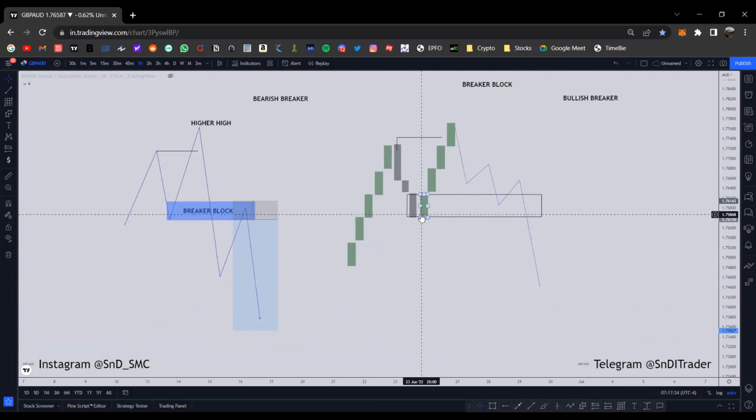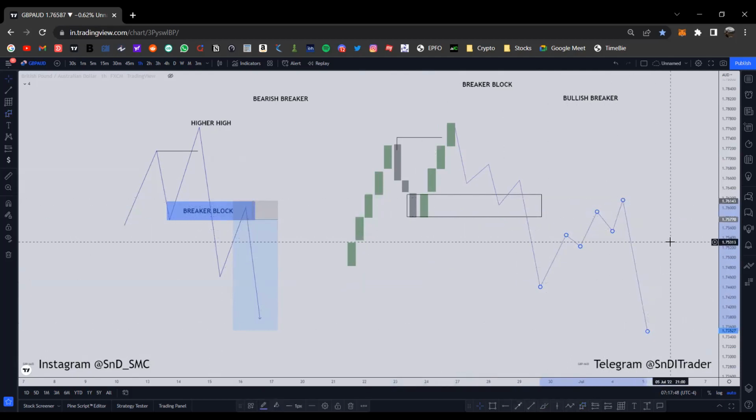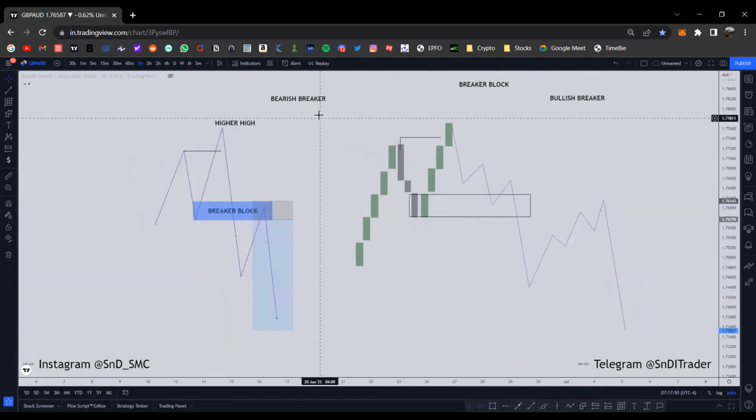So this will be a failed bullish order block. So what can happen next? Price might come again another time and give a nice reaction from this failed bullish order block and drop downside. So this just became a bearish breaker.